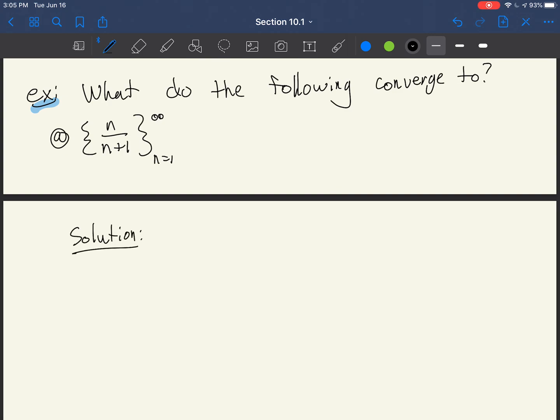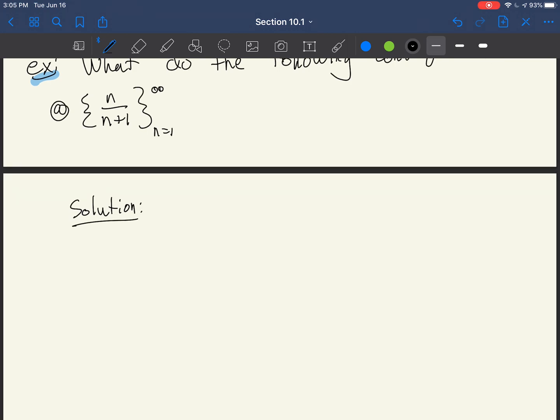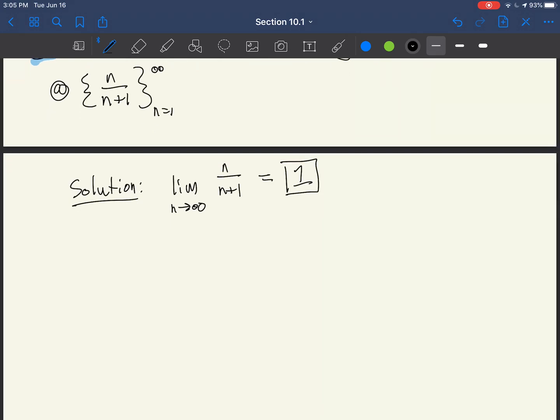So to figure out what this sequence converges to, we just take the limit. So this is the limit as n goes to infinity of n divided by n plus 1, which is 1. We look at the largest power in the numerator, which is n, and the largest power in the denominator, and then compare coefficients, since they are the same power. So that means that this sequence converges to 1.